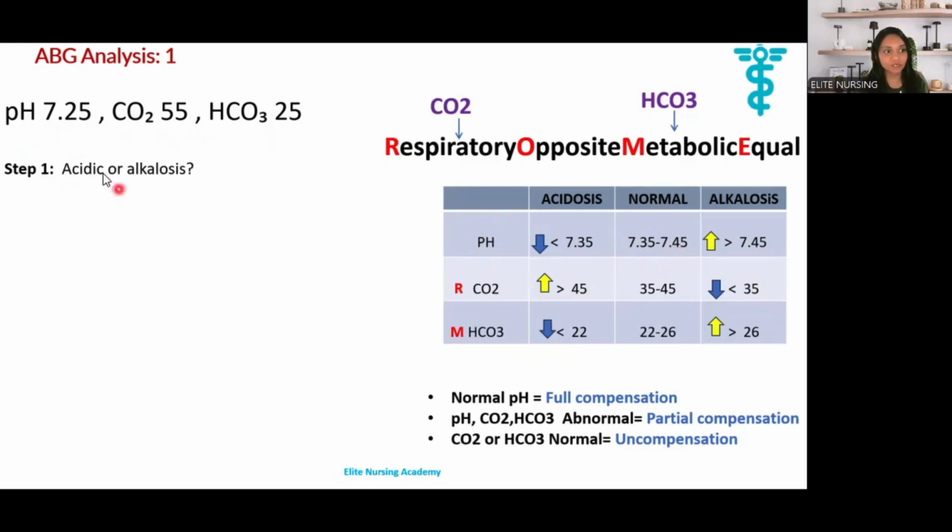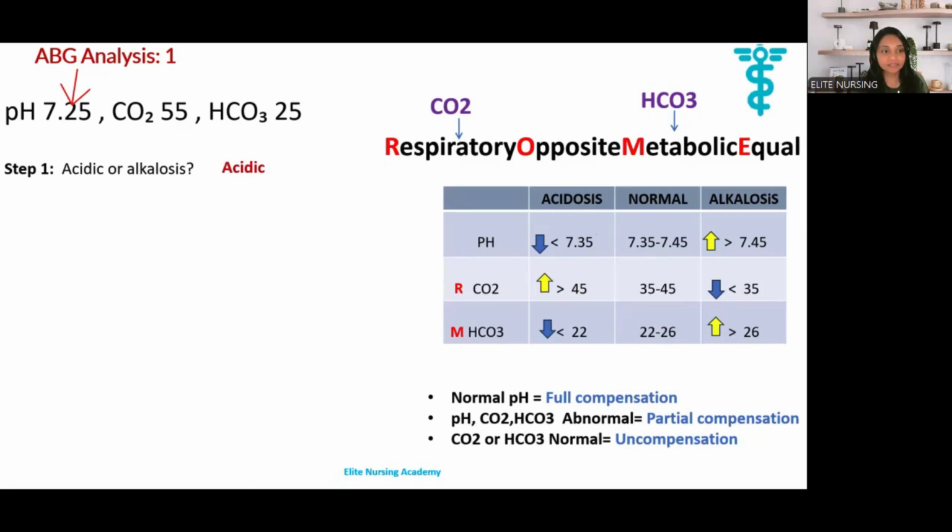What we have here is 7.25, which is less than 7.35, so pH is going in the lower direction. If the pH is less than 7.35, this is acidosis.